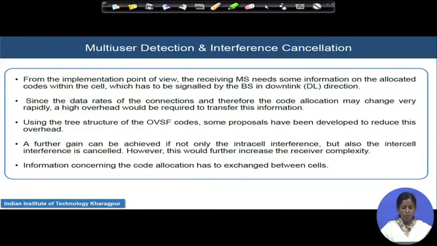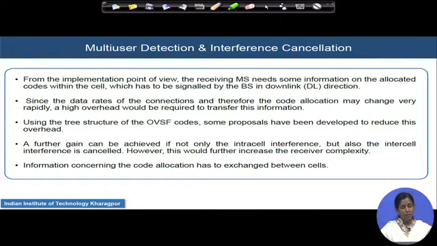So, in that situation, the total overhead in the downlink of giving the code information from the base station to the mobile station becomes very heavy, and a high overhead would be required to transfer this information. That extra overhead coming over the network sometimes may not be tolerable.